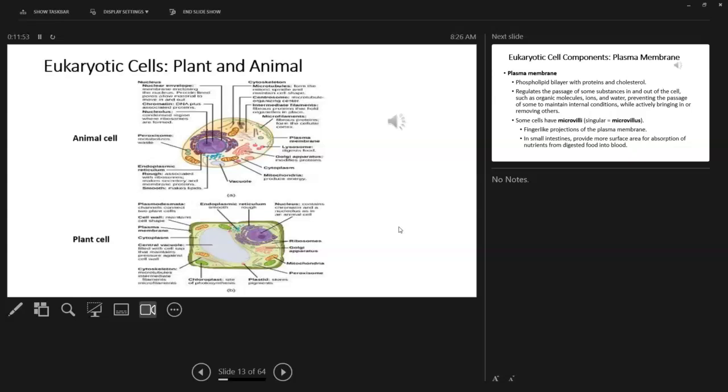And other organelles, this is called the endoplasmic reticulum. It's kind of surrounding the nucleus. And Golgi, mitochondria, chloroplast. That's only in plant cells and algae.